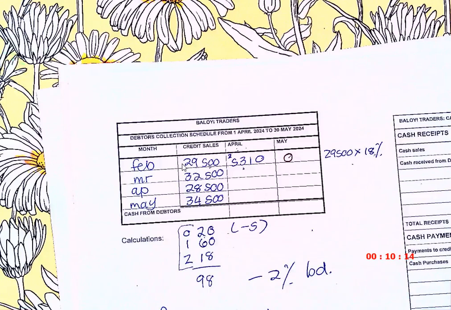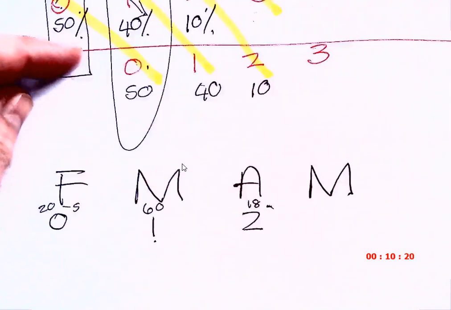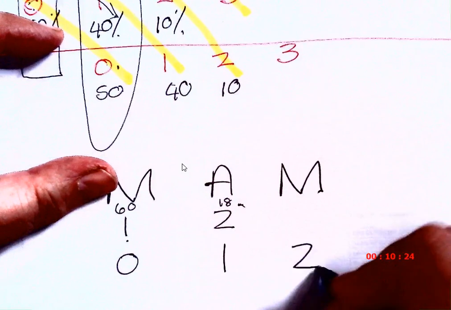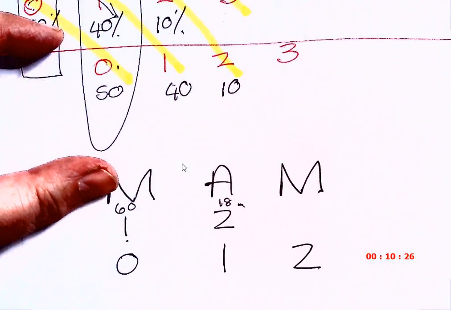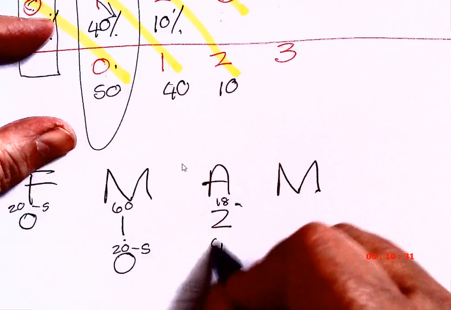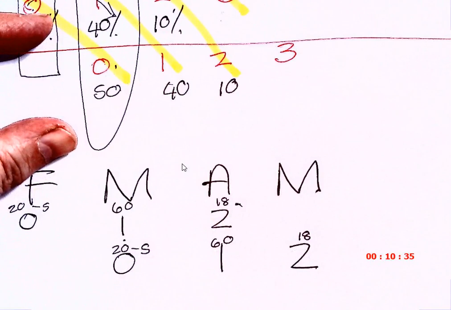So now I start with March. If I look at March, now March is 0, April 1, May 2. March is 20 less 5, April is 60, May is 18. You see that?